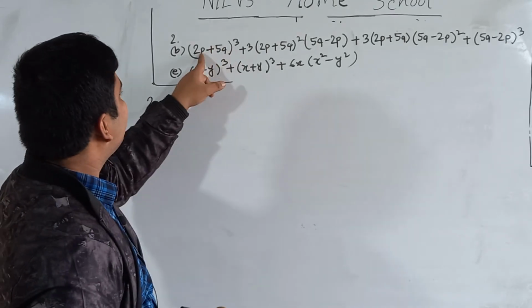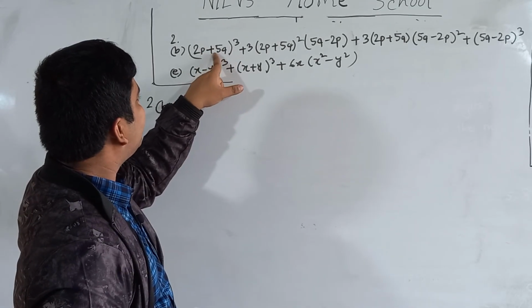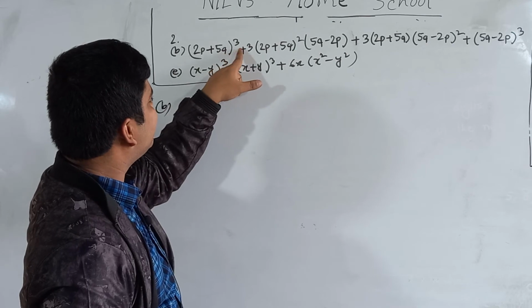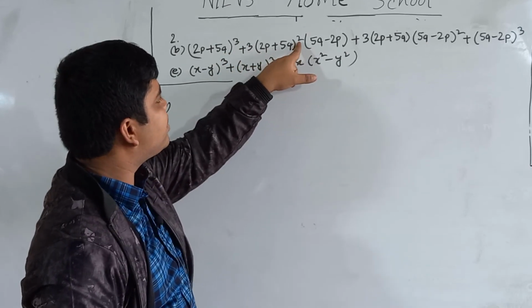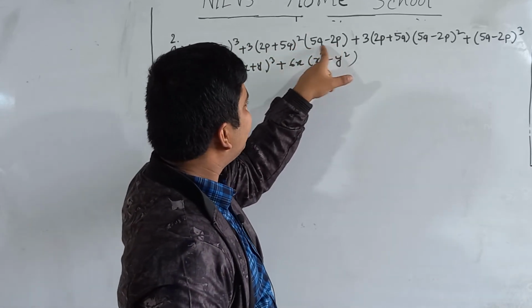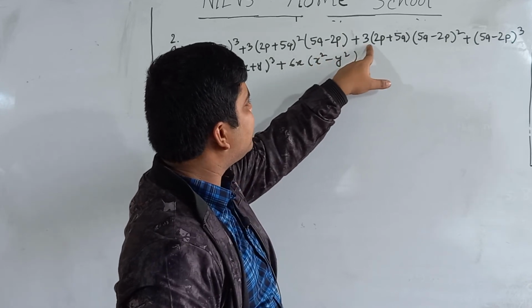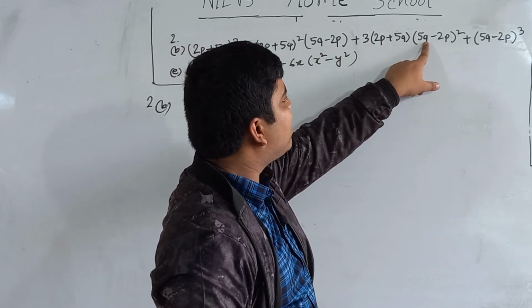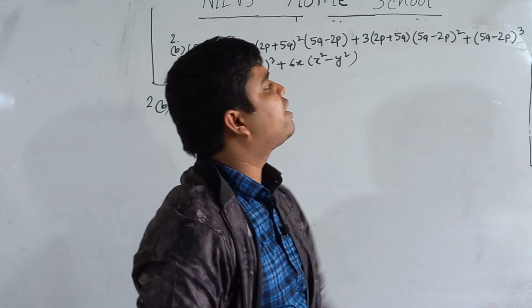We consider (2p + 5q)³ − 3(2p + 5q)²(2p − 5q) − 2p + 3(2p + 5q)(5q − 2p)² + (5q − 2p)³.